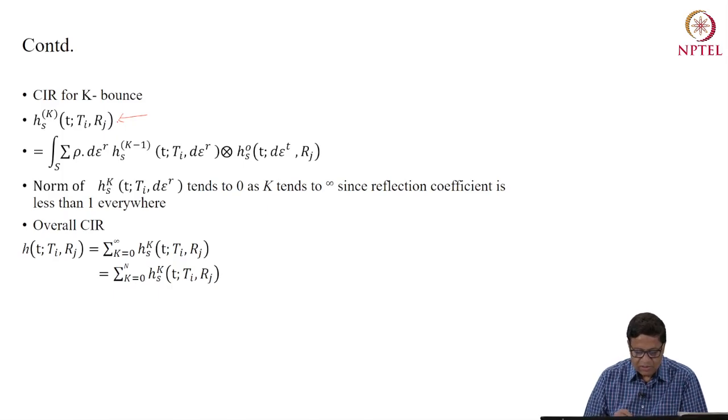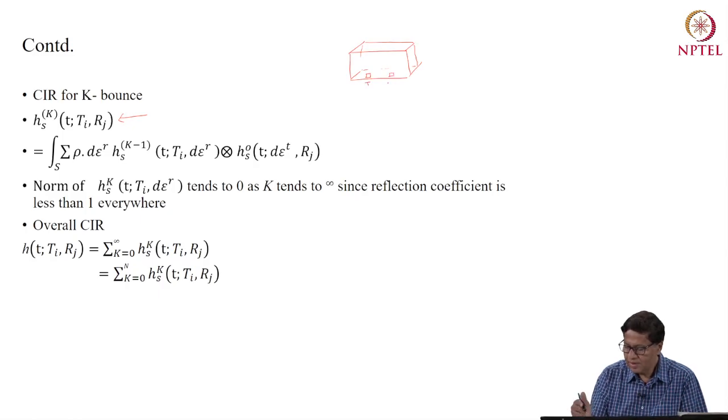And to understand this, how do you calculate the channel response when the light has suffered k reflections? So let us just try to understand this. This is a typical, say, room. For simplicity, I have kept the transmitter here, receiver here.